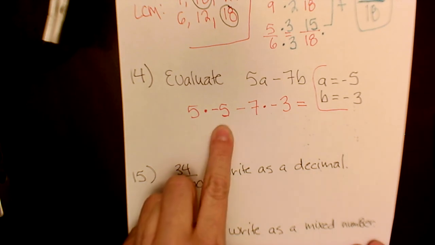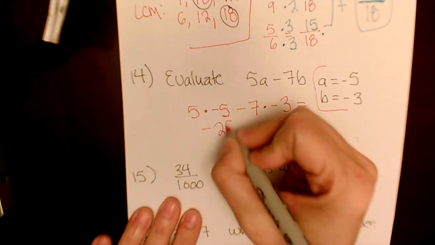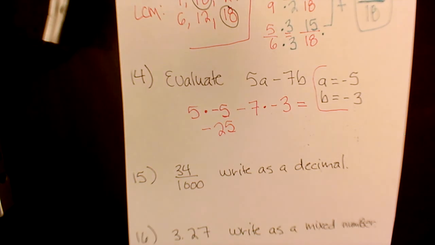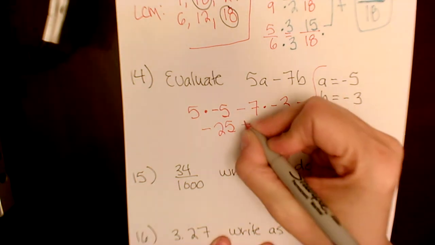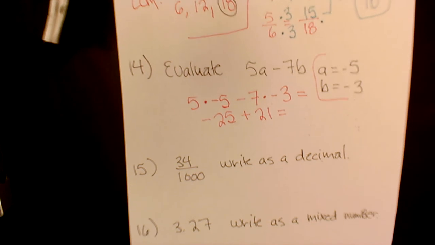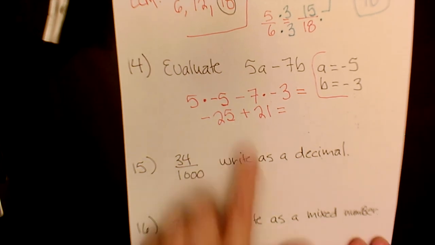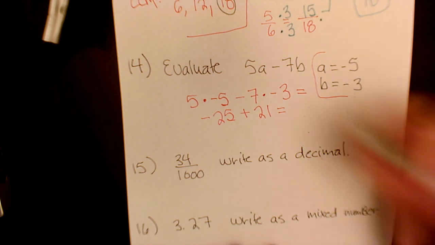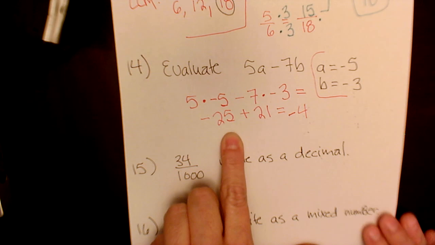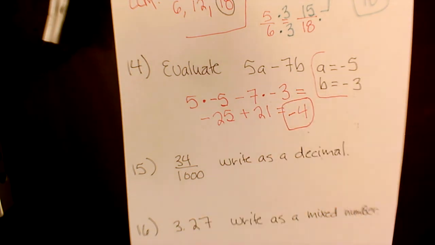So 5 times -5, a positive times a negative is -25. And what's -7 times -3? They're both negative, so this will be a positive 21. So I've got a -25 and a positive 21. Remember, I subtract. 25 minus 21 is 4, and it's a -4 because there's more negatives with the 25. So my final answer for 14 is -4.